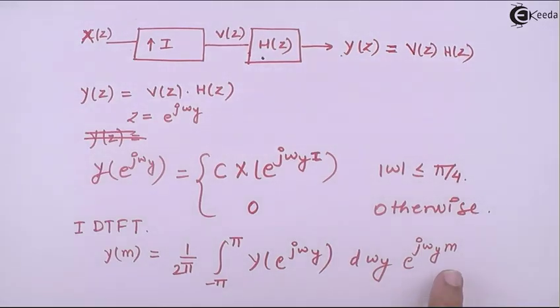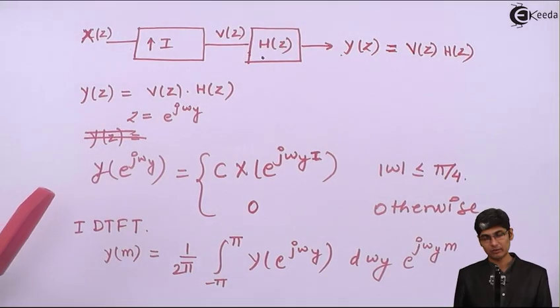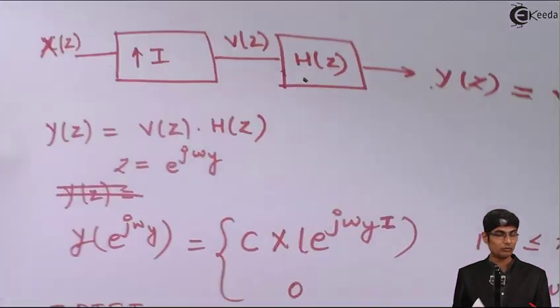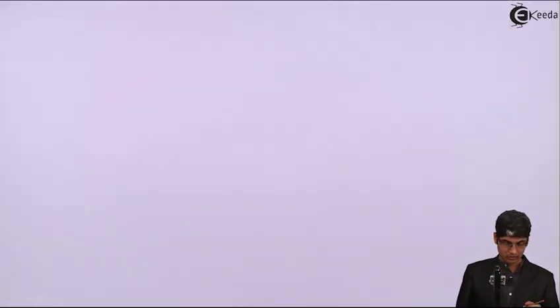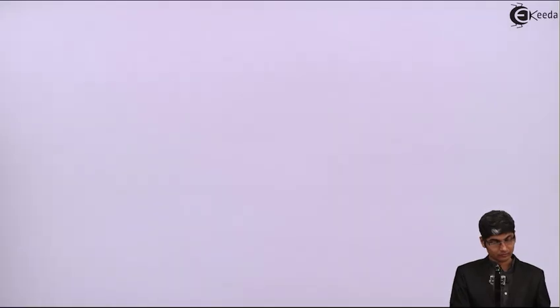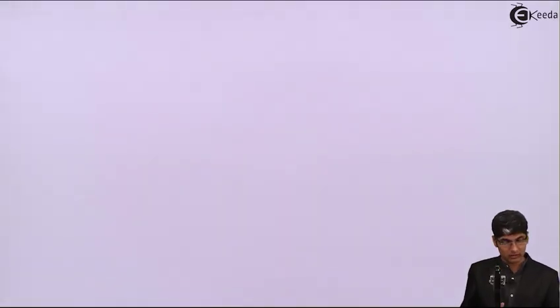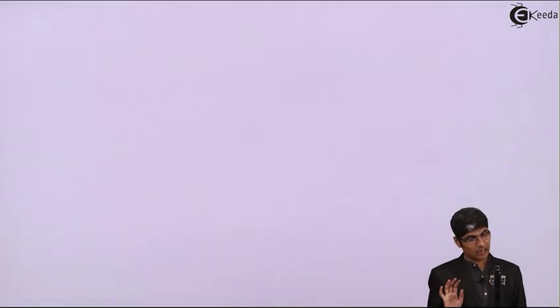I have just written it later, but this should come like this: y of e raised to j omega y into e raised to j omega y m, with respect to d omega y. I am writing d omega y because here the sampling rate is at omega y, the discrete frequency is at omega y.